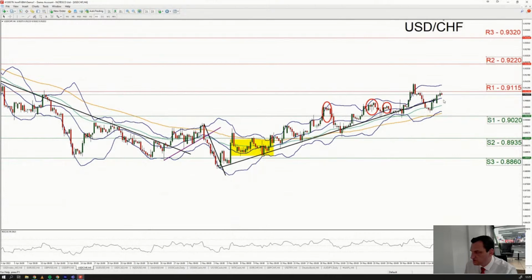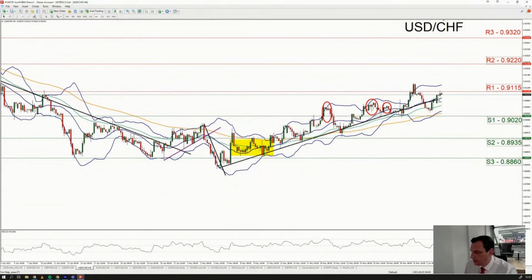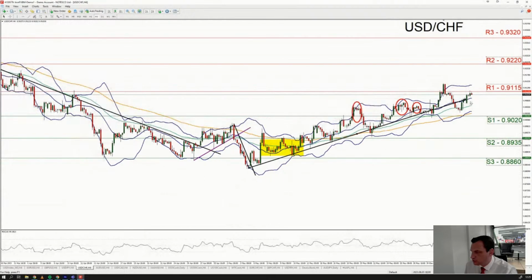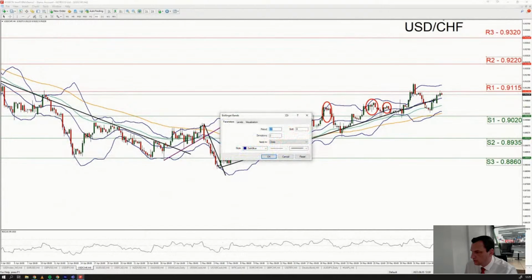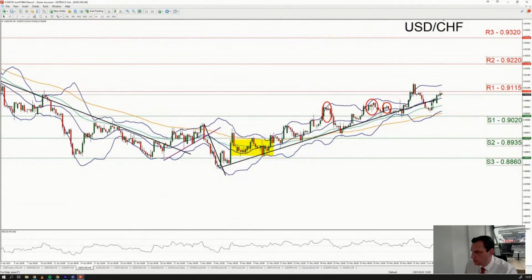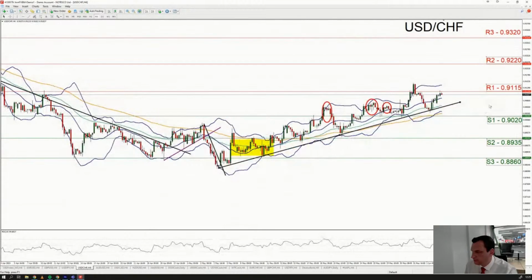Now, there are a couple of elements here. The first would be definitely cancel. The upward trend line has been shifted to the right. There you go.